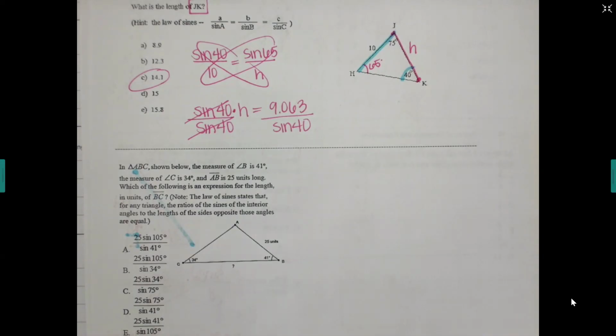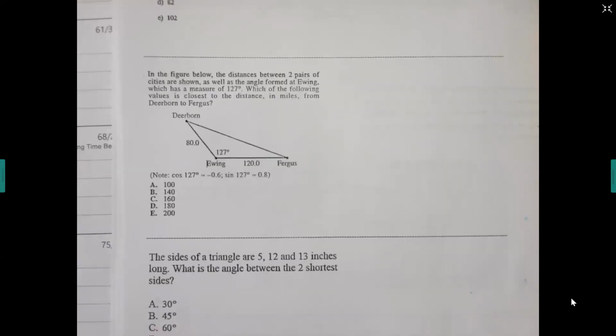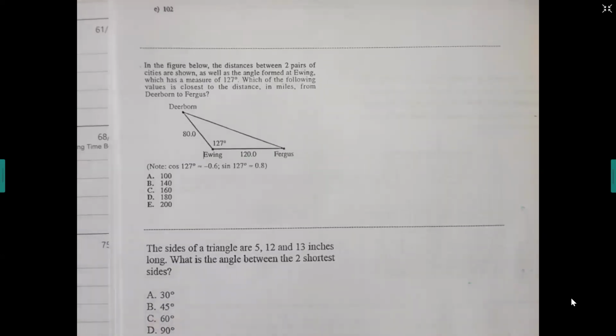And let's do the second one. Now, first question, why can I not use law of sines? What do I not have that I need for law of sines? You've got to have a side and an angle that are across from each other where you know both. So for this triangle, I see that I do have two sides, but I don't have either one of their partners.